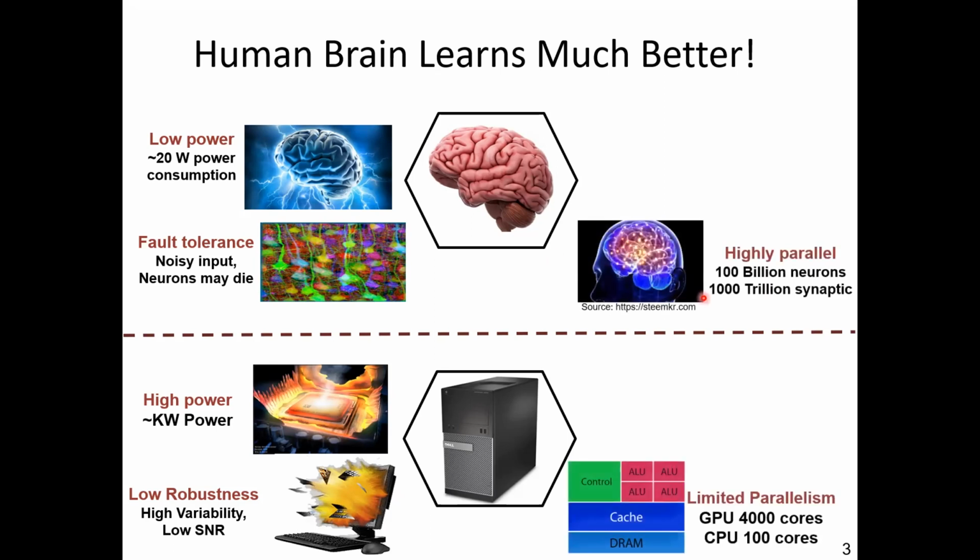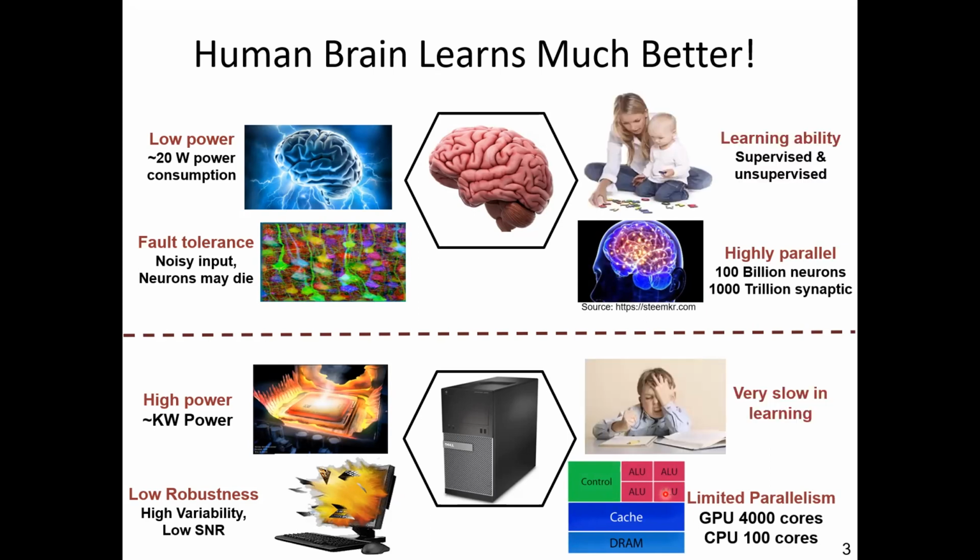The brain consists of 100 billion neurons that are connected together in a sparse way, and they provide highly parallel computation. But the amount of parallelism on today's computer is limited by the number of cores. And we all know this is a best case scenario. In many cases, we cannot even utilize cores because of the memory wall or data movement issue.